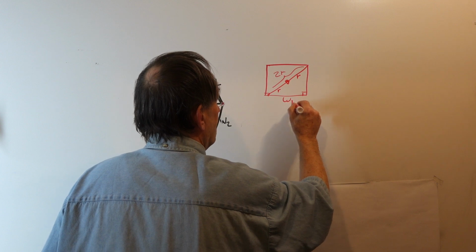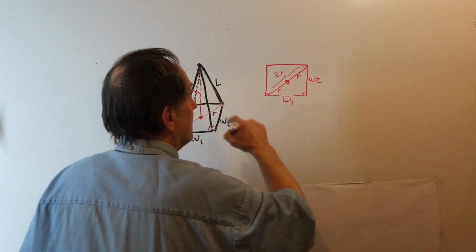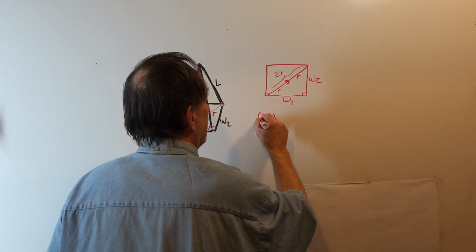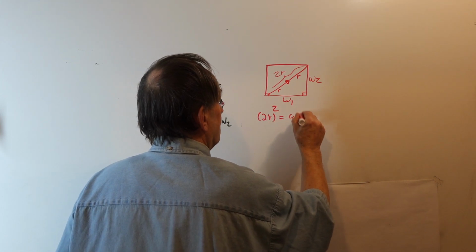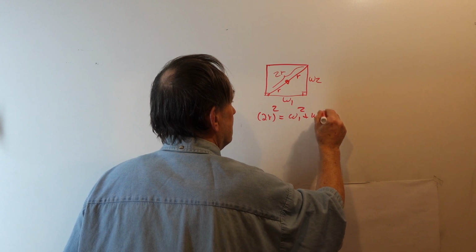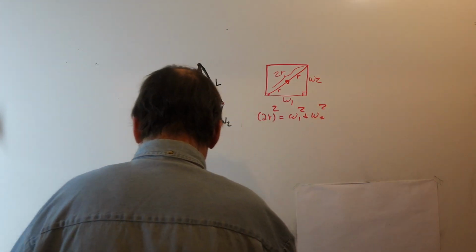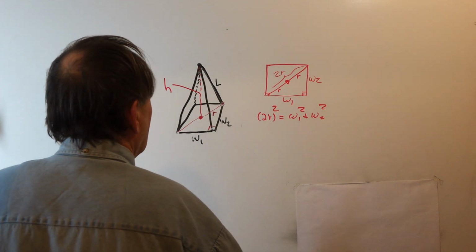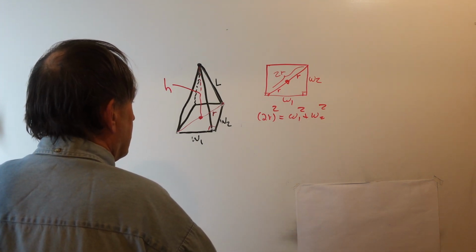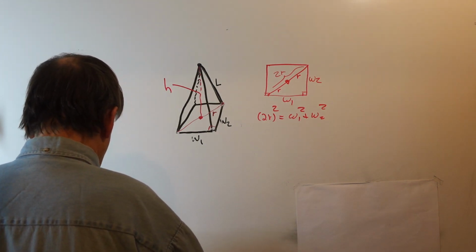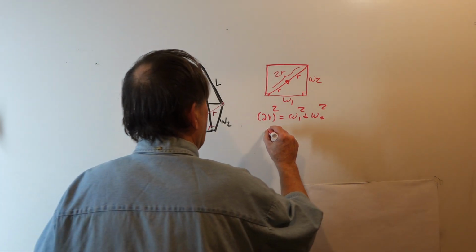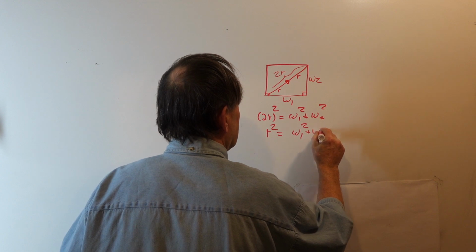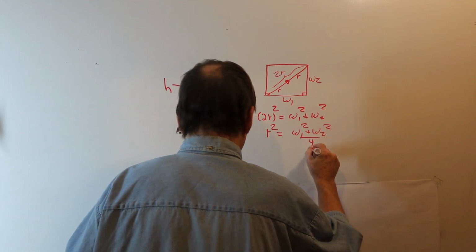And this is W1, this is W2, and by Pythagoras' theorem, we have (2r) squared equals W1 squared plus W2 squared. Now, we can solve for r squared. r squared equals W1 squared plus W2 squared all over 4.